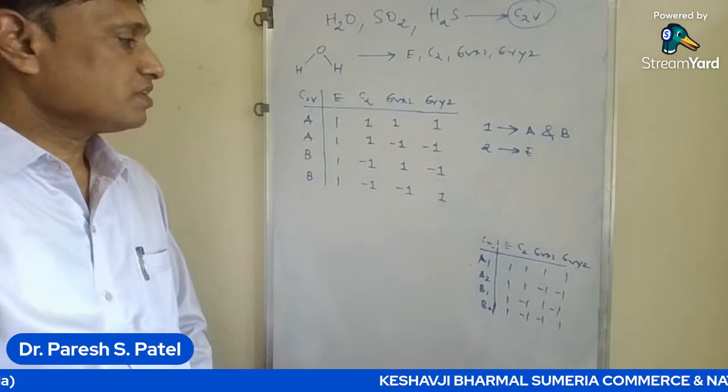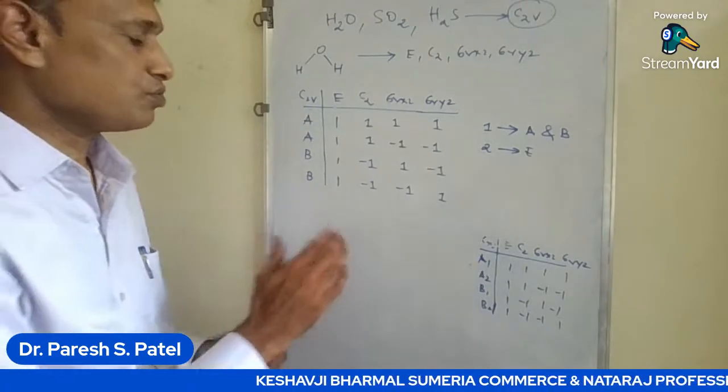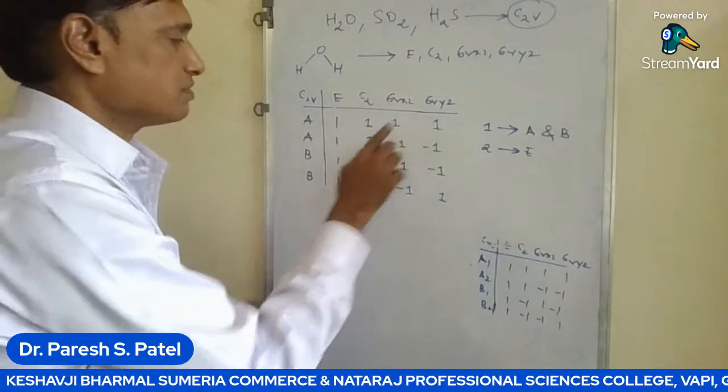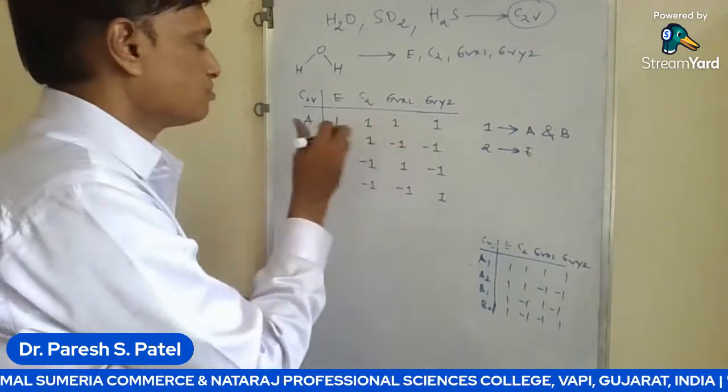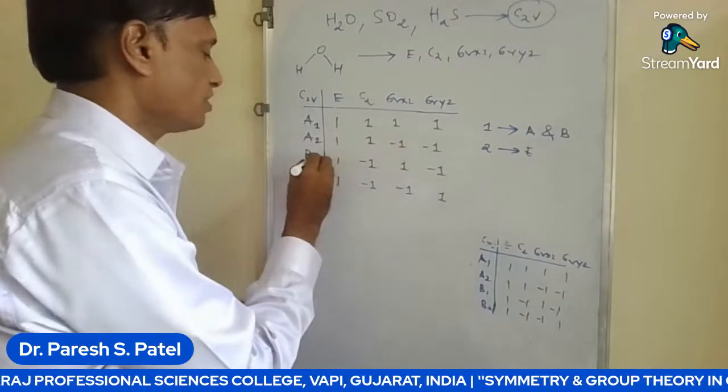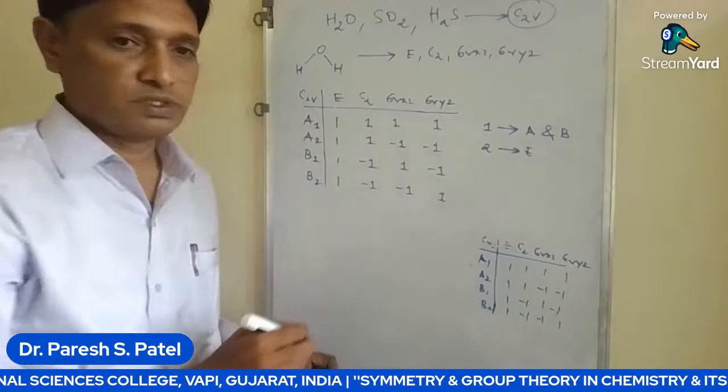But if there is no perpendicular axis, we have to go for the next one. Here, if the character is plus 1, subscript 1 can be used, and if minus 1, subscript 2 can be used.